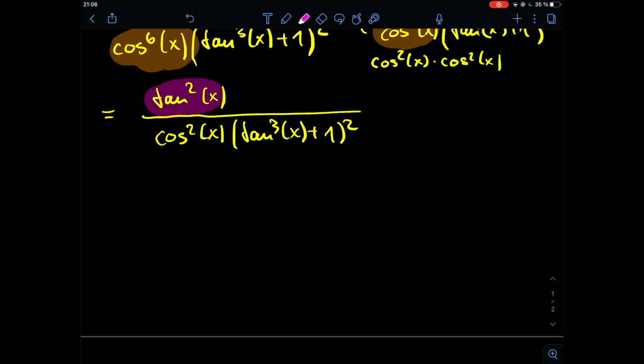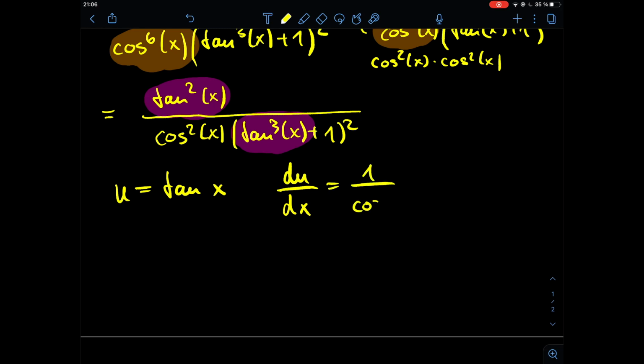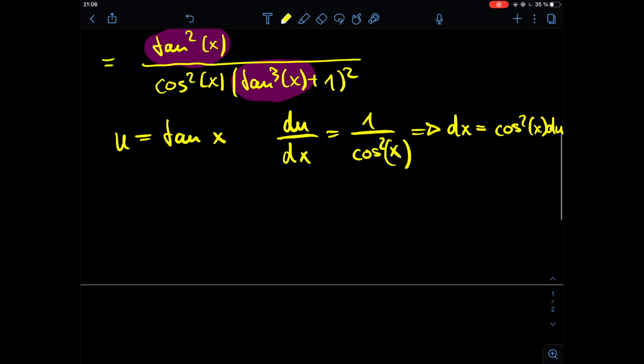tangent. So our new substitution variable u is equal to the tangent of x. We take the derivative of u with respect to x, which gives us 1 over cosine squared of x, and this leads to dx transforming as cosine squared of x times du. Now we can plug that into the integral.